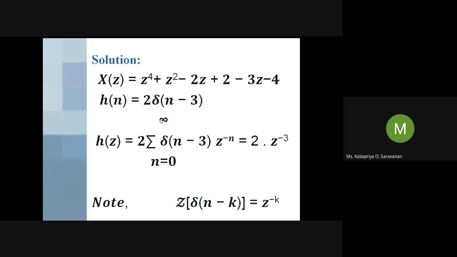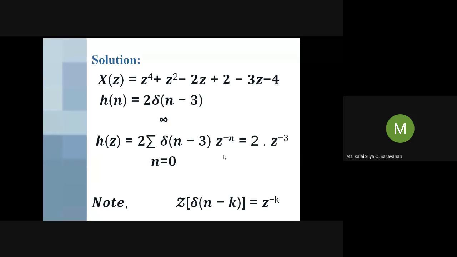Instead of x of n, we have substituted h of n, the del function given in the question. On substituting the given limits, this becomes 2 into z power minus 3.